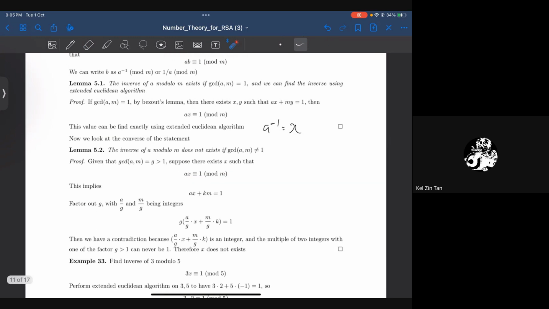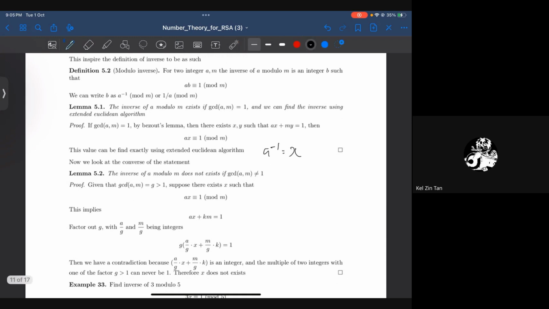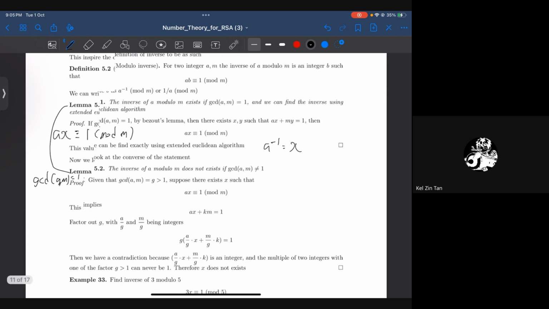So these two together say that if we know that AX is congruent to 1 modulo M, then we must have that the GCD of A and M is equal to 1.